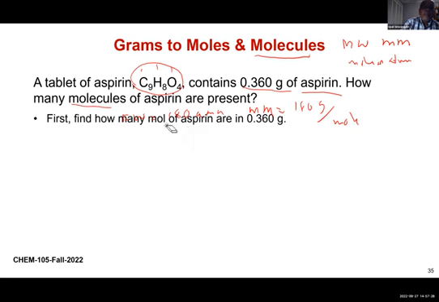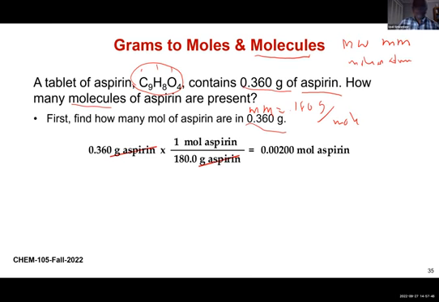How many moles of aspirin are in 0.360 grams? Now the grams divided by molar mass. 180 is the molar mass here.